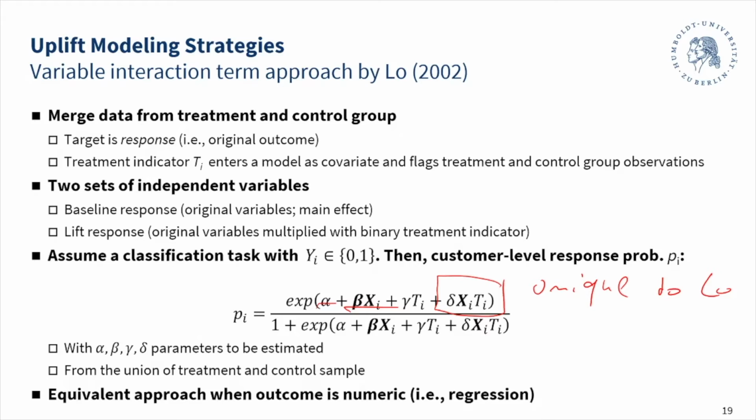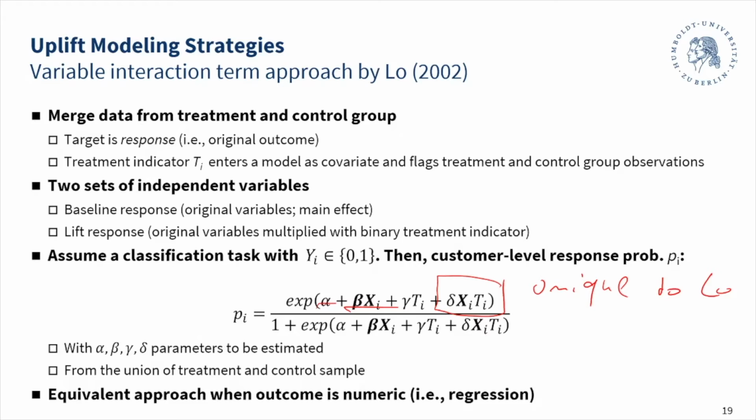For example, in e-commerce I might have run an A/B test. That's commonly done. In the training set I know who was treated, I know who was not. This gives me a value for Ti, and then I can carry out this estimation. And then I have my parameters estimated, or generally trees don't have these parameters in this way, these alpha, beta. I have grown my trees if you use a tree, and I can apply them.